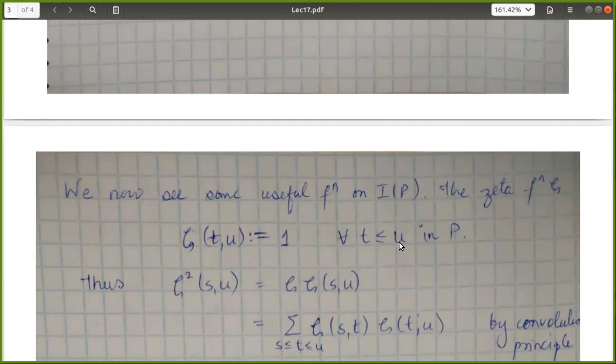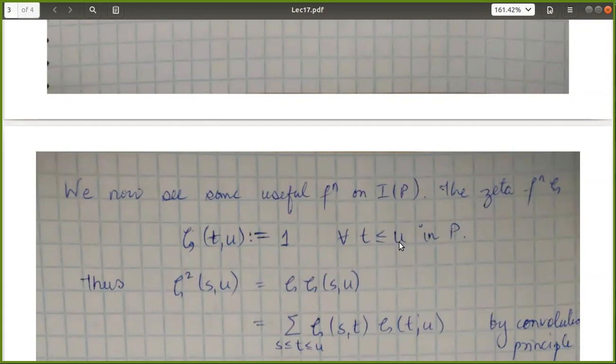Since we said that the empty set cannot be written as a closed set, whenever you write closed bracket S comma T, you are assuming S is less than or equal to T. Otherwise it will become empty.